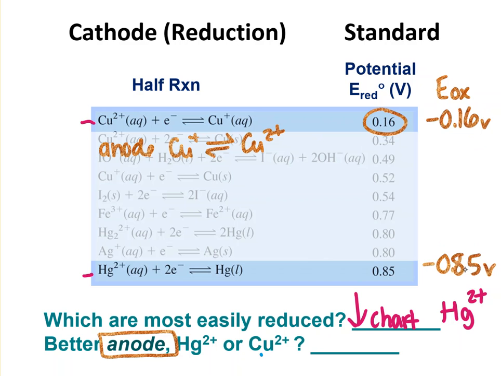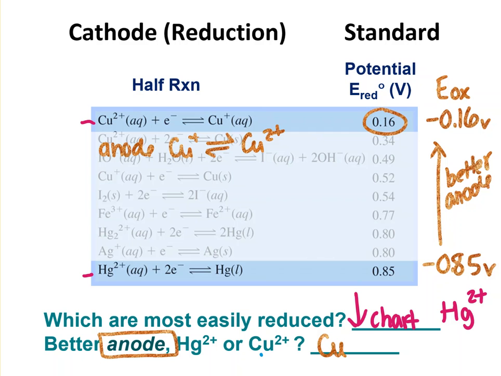So which is more favorable? Well, they're both negative, but which one is least negative, closer to being positive, would be this copper. And so we have a trend that the better anode is toward the top.